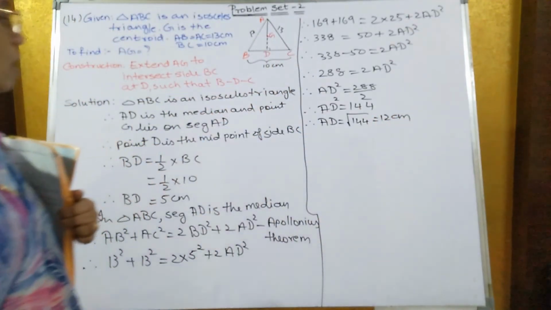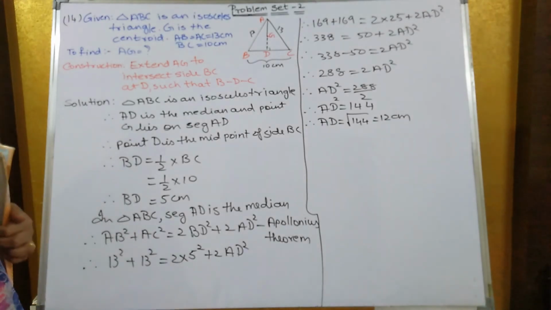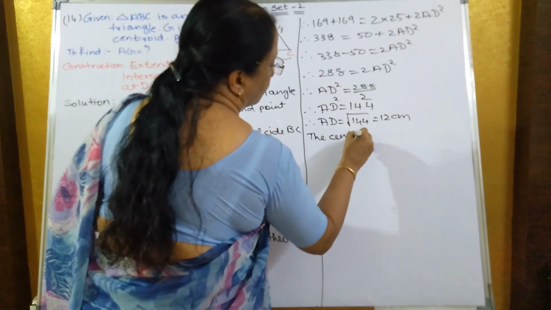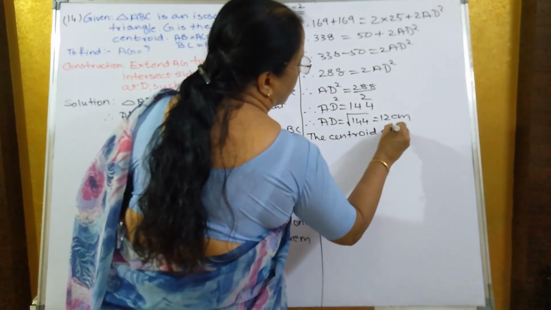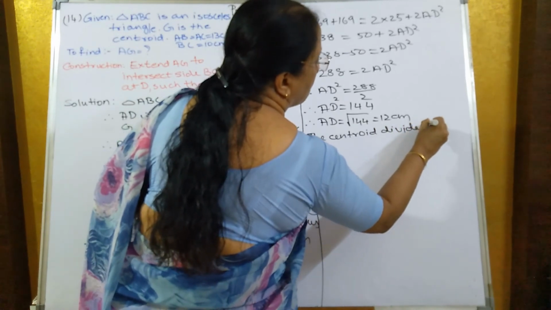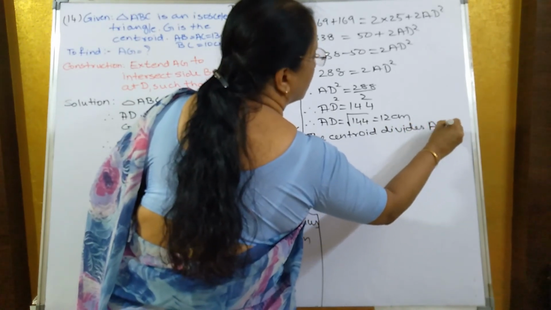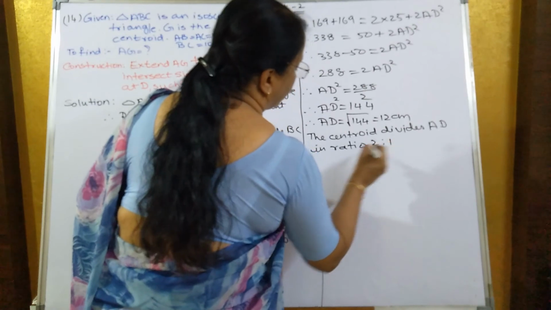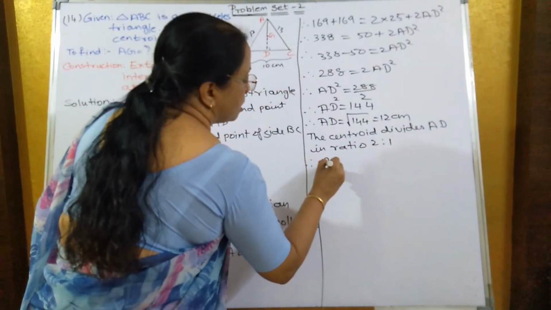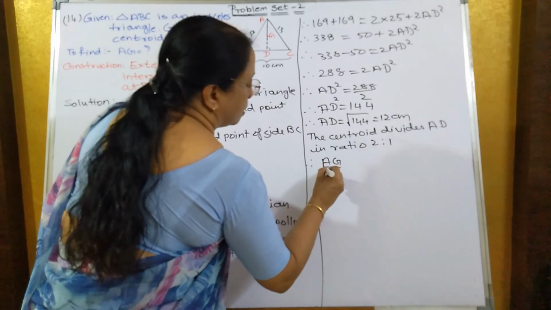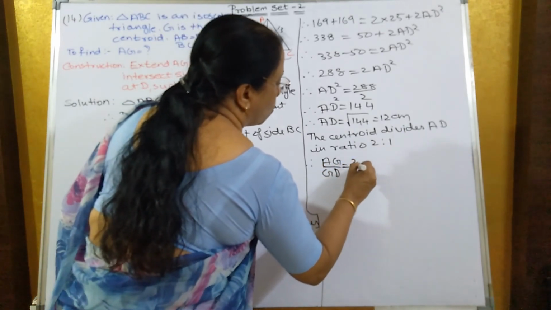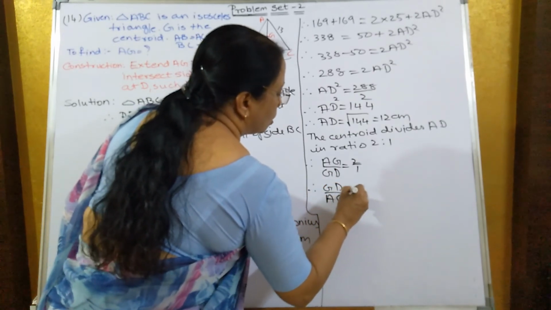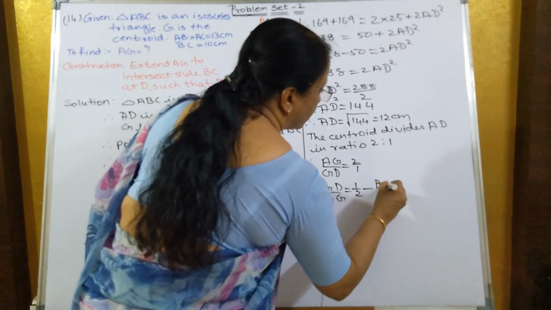Now, we have got AD. Now, we have to find out AG. Now, we have studied last year the centroid divides AD in ratio 2:1. That is, therefore AG upon GD is equal to 2:1. Now by invertendo, GD upon AG is equal to 1/2.